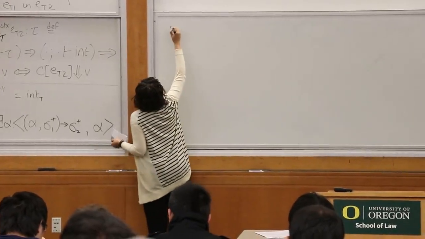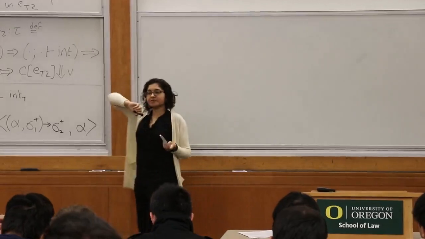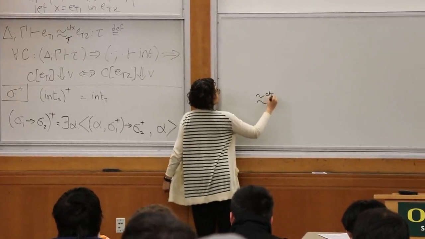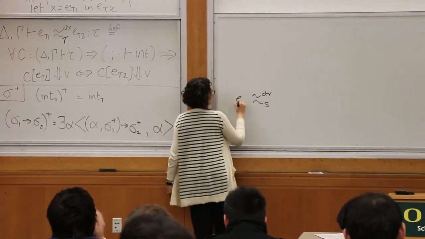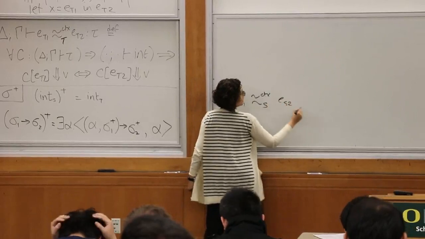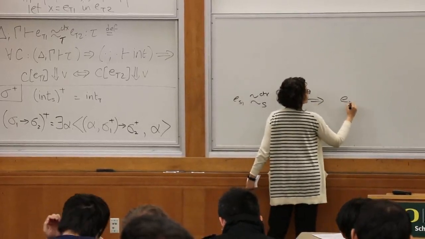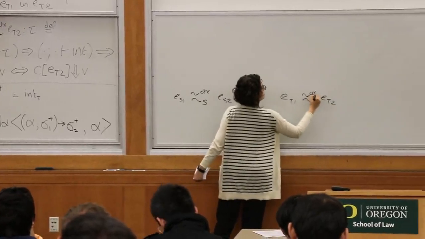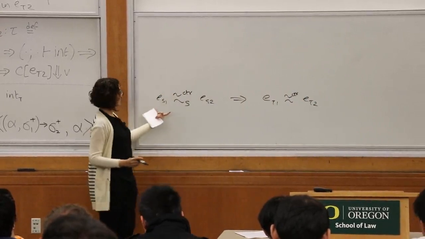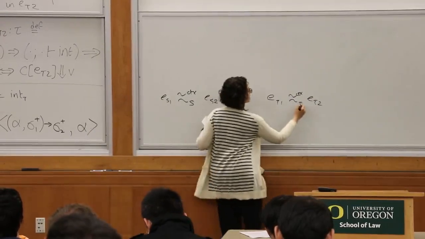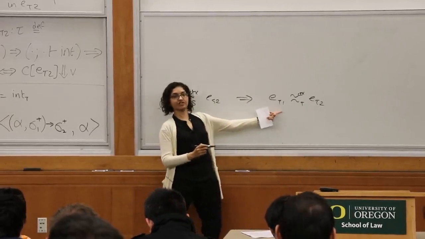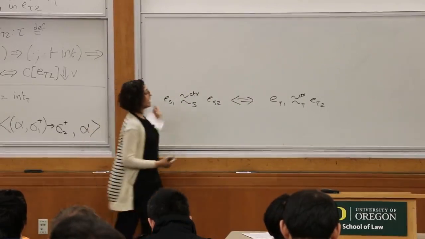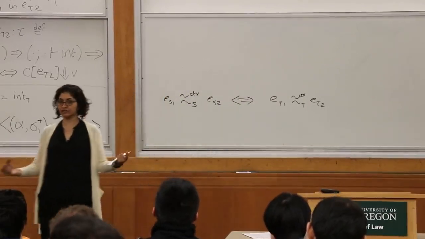So remember, full abstraction says that if two things are contextually equivalent in the source, then we want to show that their translations, I'll write ET1, ET2, assuming this is what our closure conversion translation produces, are contextually equivalent in the target. So this direction is equivalence preservation, and the opposite direction would be equivalence reflection. And if we have both, then we have a fully abstract compiler.